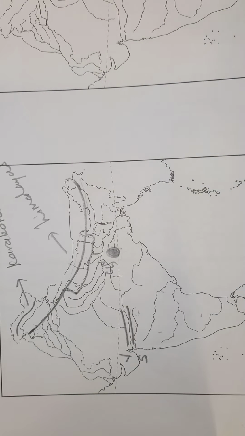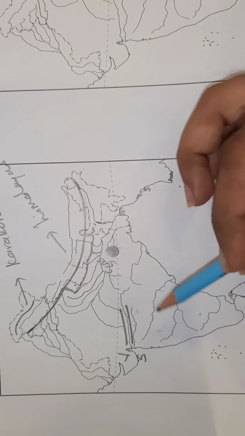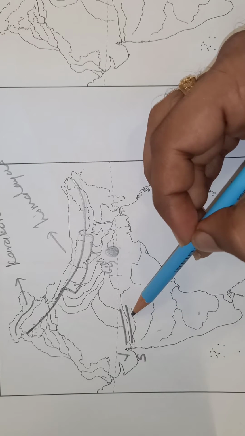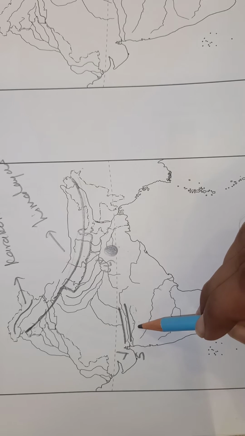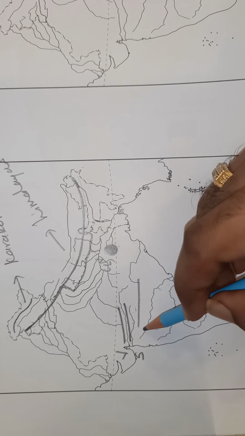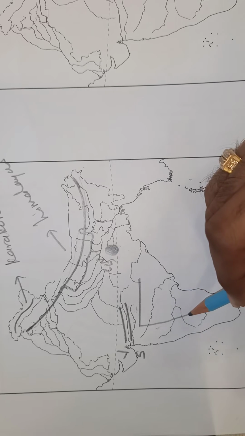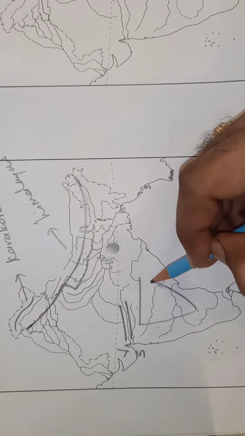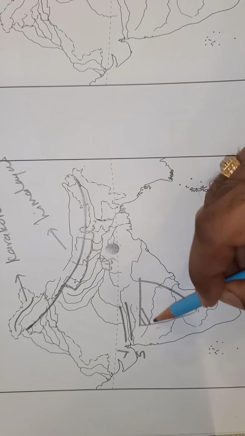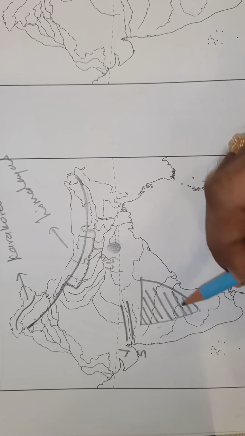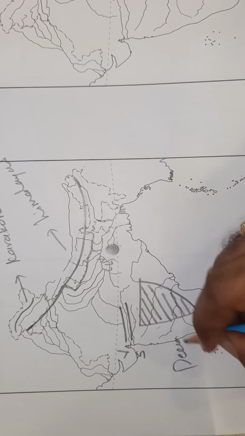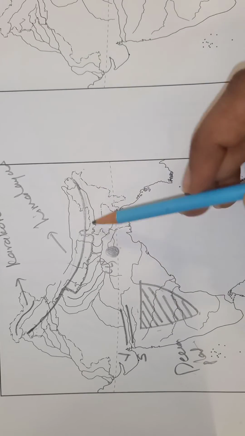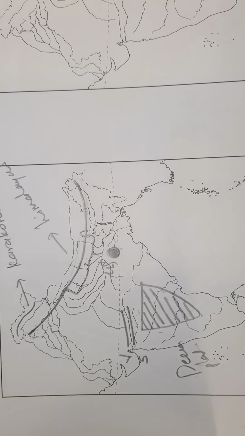So this is the Chota Nagpur plateau. Next is the Deccan plateau. So where is the Deccan plateau? It is below the river Tapi. You have to start from here, below the river Tapi, and it is like a triangle over here, like a shield. This is the Deccan plateau.